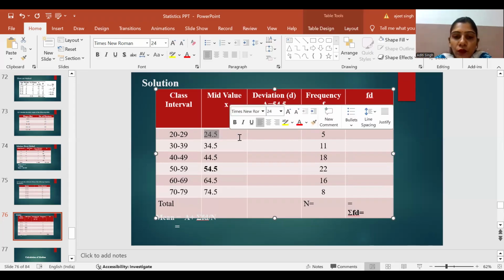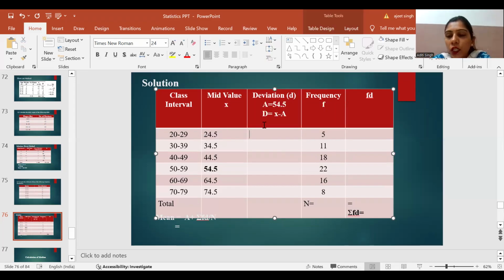You have to remember one thing: while calculating the value of d, if your value is negative, then you have to put the sign of minus, and if your value is positive, then you have to put the sign of plus.